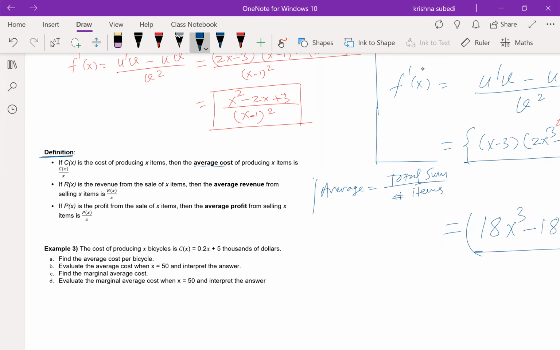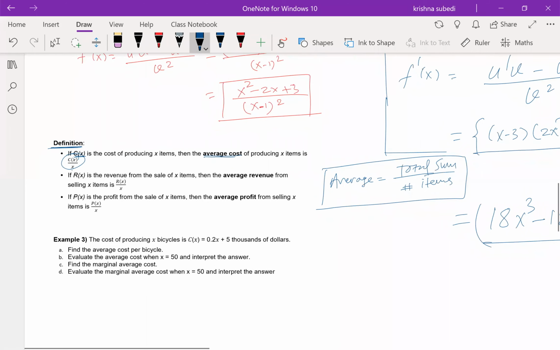That's the simple formula we learned in elementary school. So the same thing: total cost is C of x, then the average cost will be total cost divided by the number of items, which is x. Please keep that in mind.